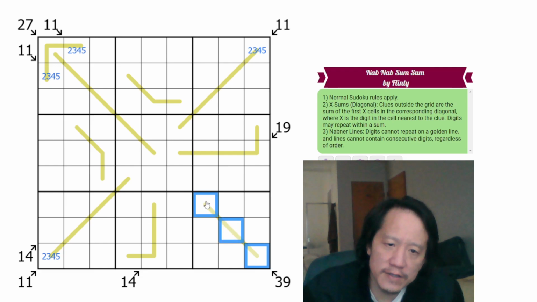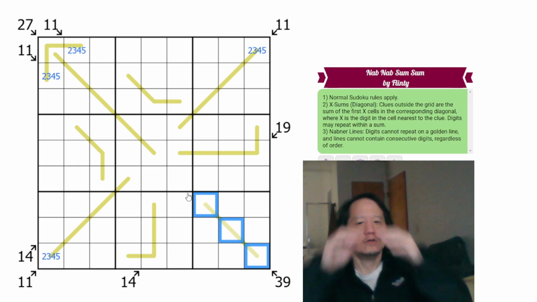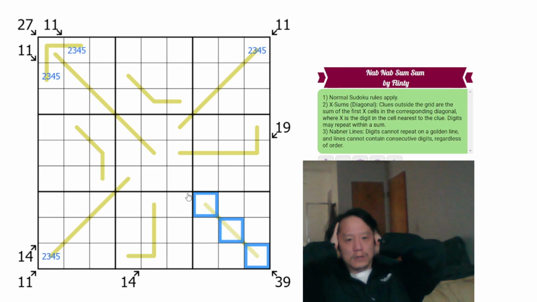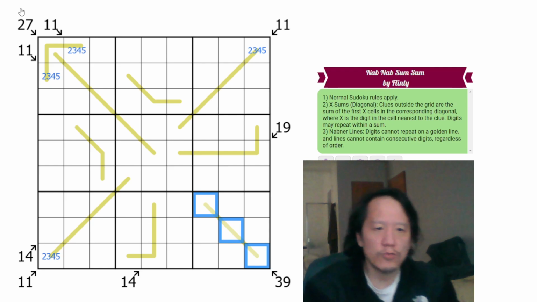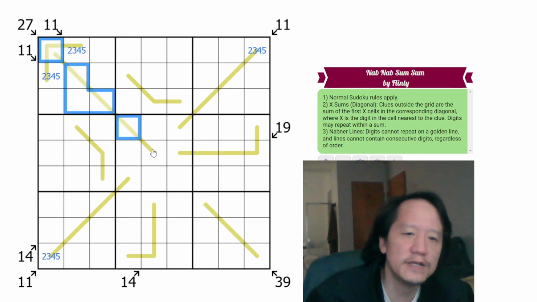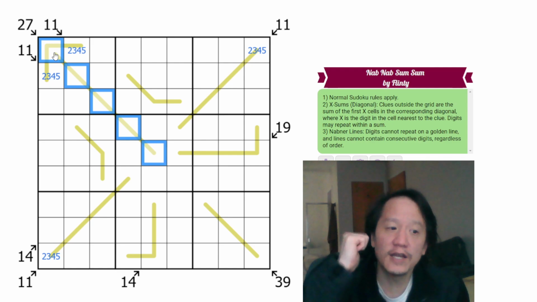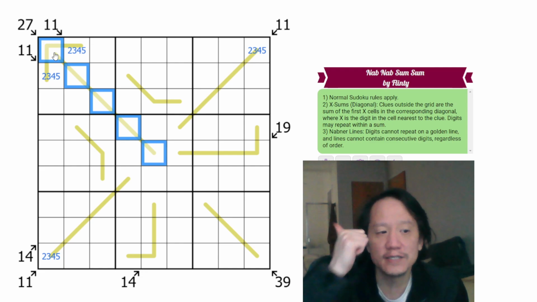This is at most 5, 7, and 9 because it's a Nabner line, right? So it's 21 at most. Another thing is this has to be 1, 3, 5, 7, 9, because you can't have repeats, and they have to be non-consecutive too.